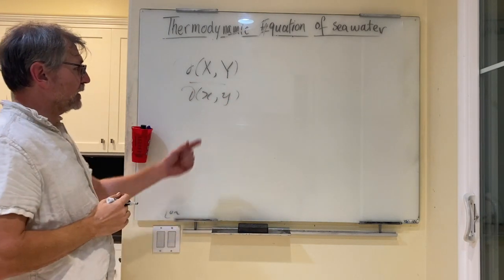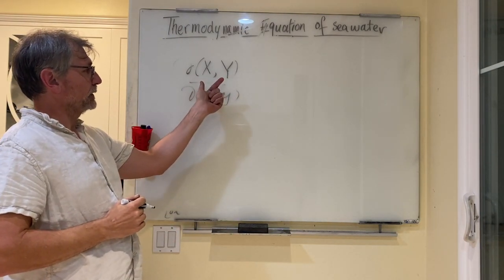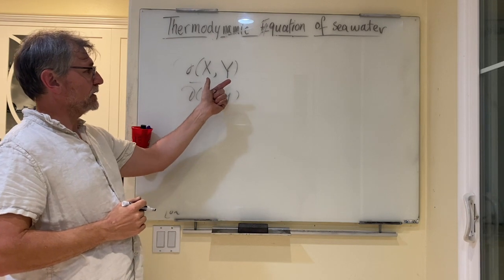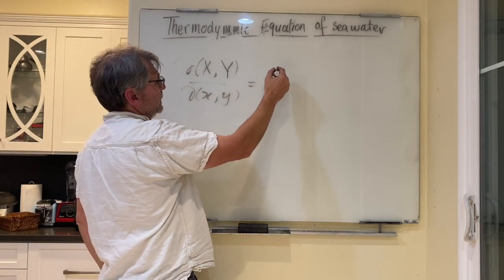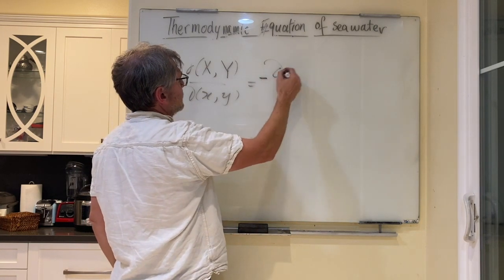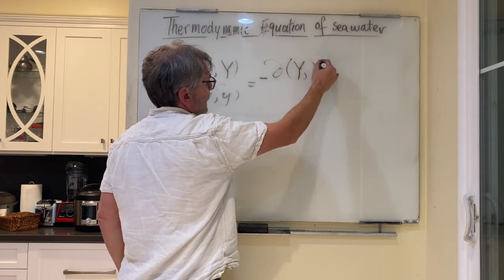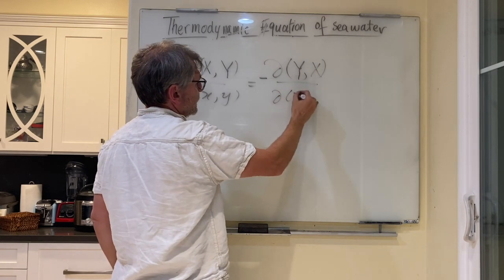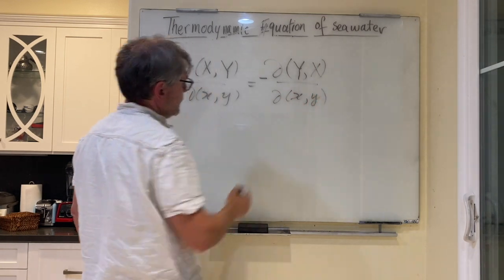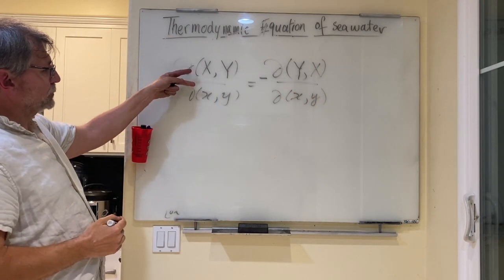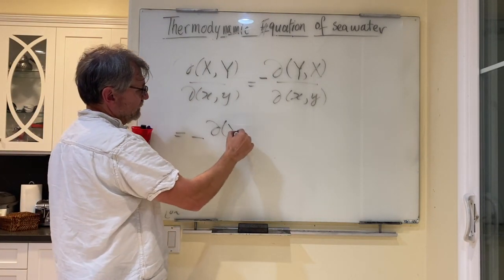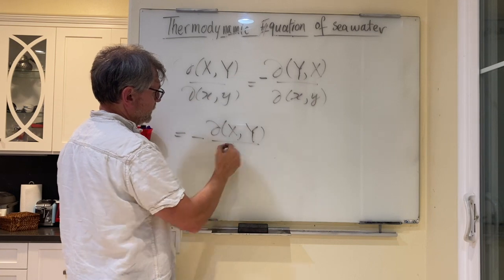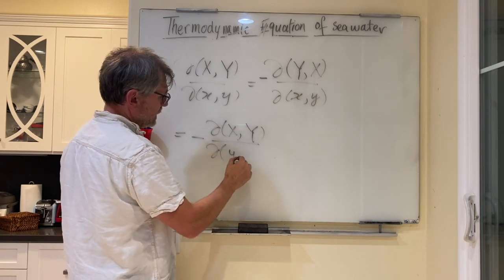If I interchange the two variables at the top, that is the same as interchanging the rows, so I would flip the sign: it equals minus the Jacobian of Y, X with respect to x, y. Similarly, if I interchange two variables on the bottom, I would also flip the sign.